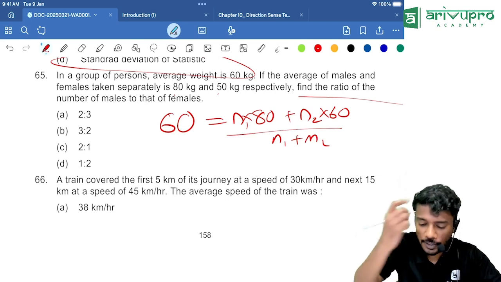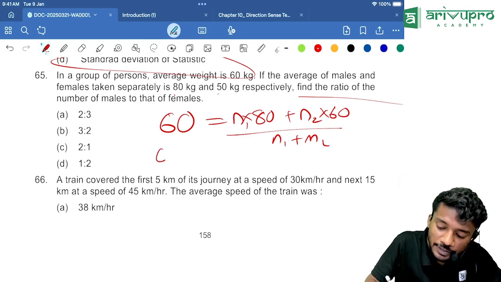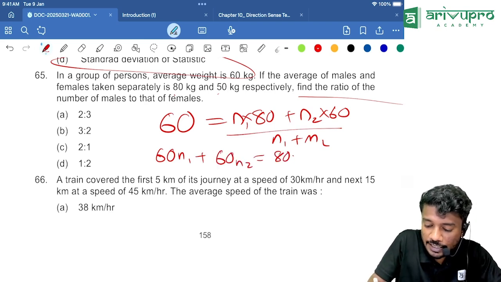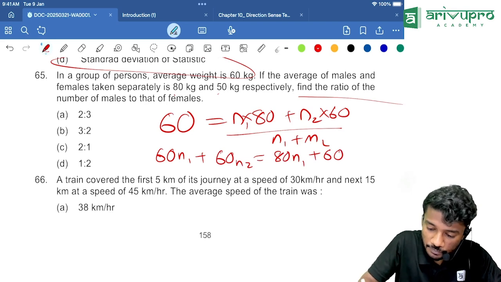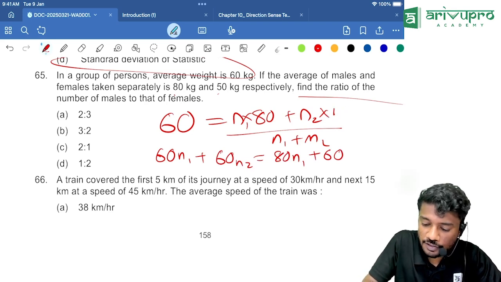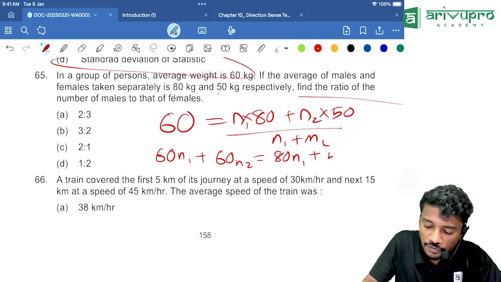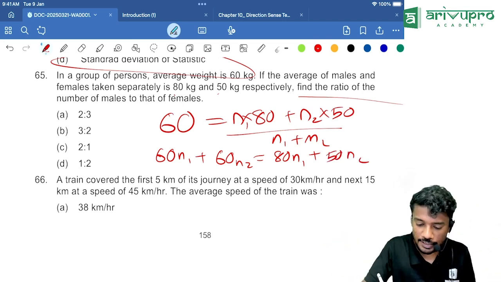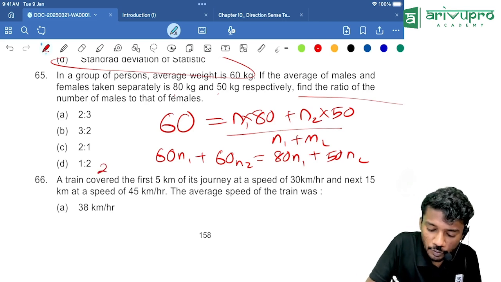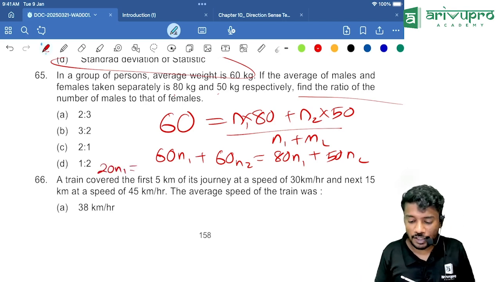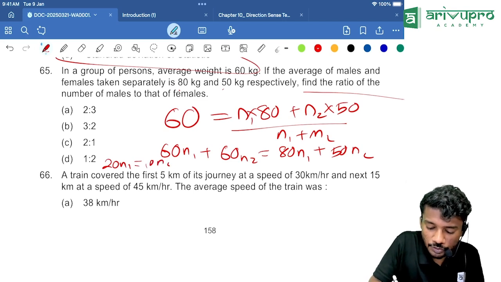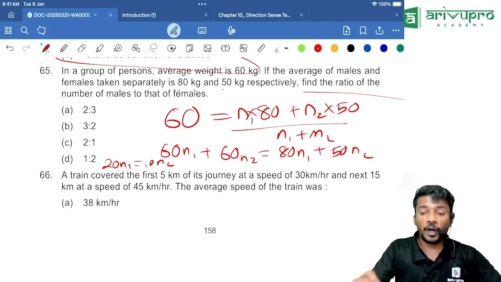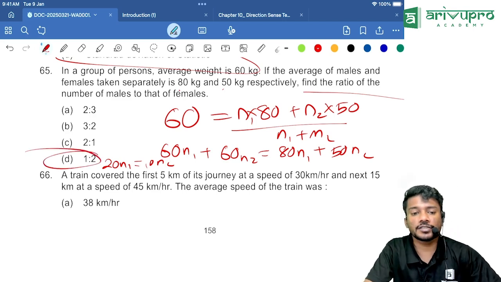Then cross multiply: 60 n1 plus 60 n2 equals 80 n1 plus 50 n2. Keep them on the other sides. So 20 n1 is equal to 10 n2. So n1 is to n2 will be 1 is to 2.